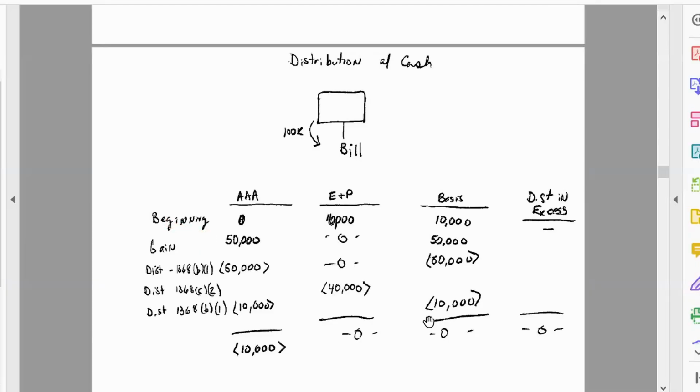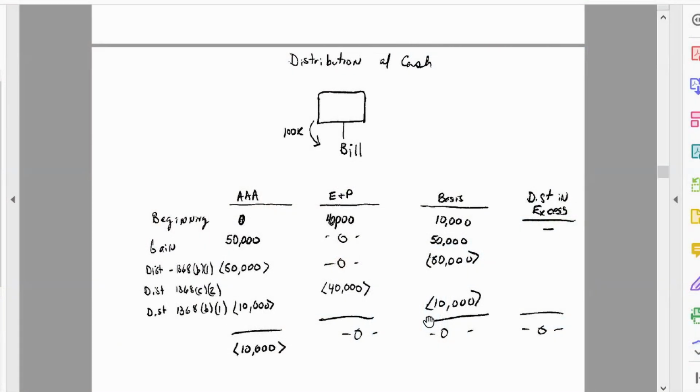The normal distribution rules say that you get a tax-free return up to your basis, and everything in excess is gain. How much basis do I have? Now that we have the gain included, we have 60,000. So the distribution hitting AAA gets our basis down to 10,000 because that's a regular distribution.